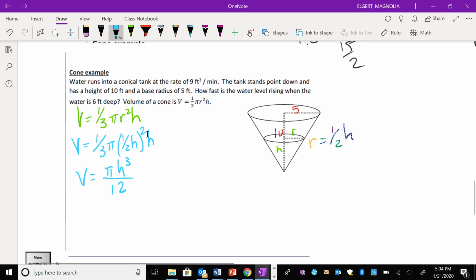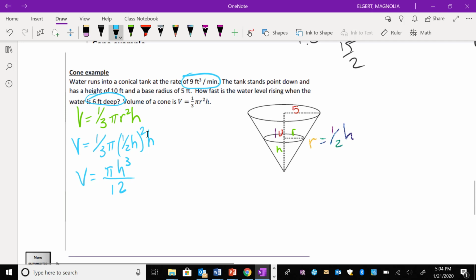That's my formula. Now I'm going to go back and actually read the problem. It says water runs into a conical tank at a rate of 9 cubic feet per minute. The tank stands point down and the height is 10 and the radius is 5. How fast is the water level rising when the water is 6 foot deep?